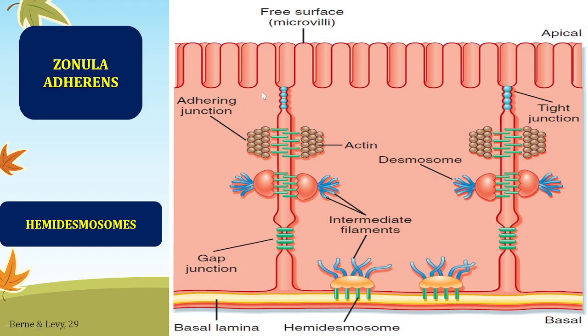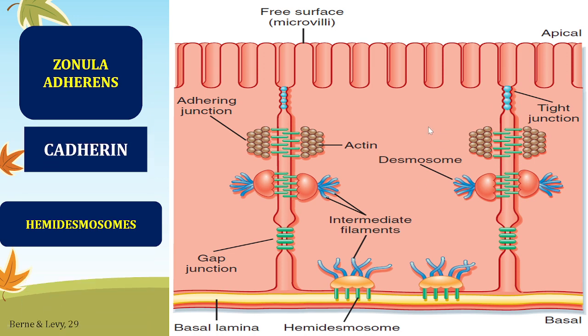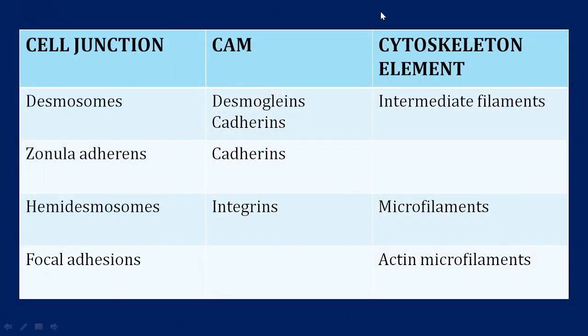This is a diagram where we explain the different cell to basal lamina junctions like hemidesmosomes and zonula adherens, which are made up of proteins called cadherin and integrins. This is the table showing where the different junctions are present and which proteins they are made of.